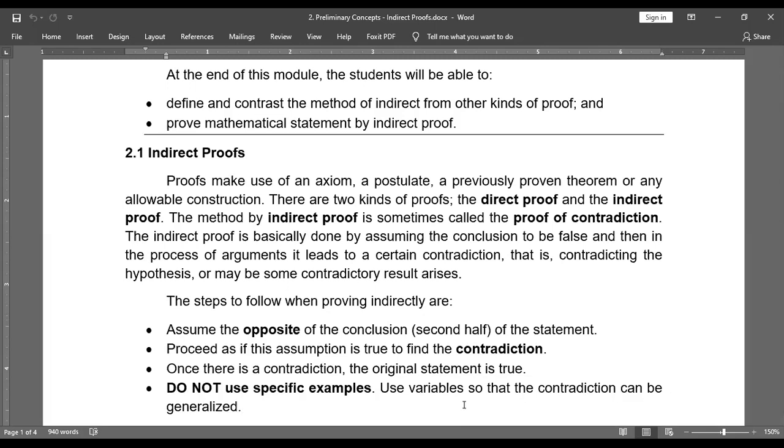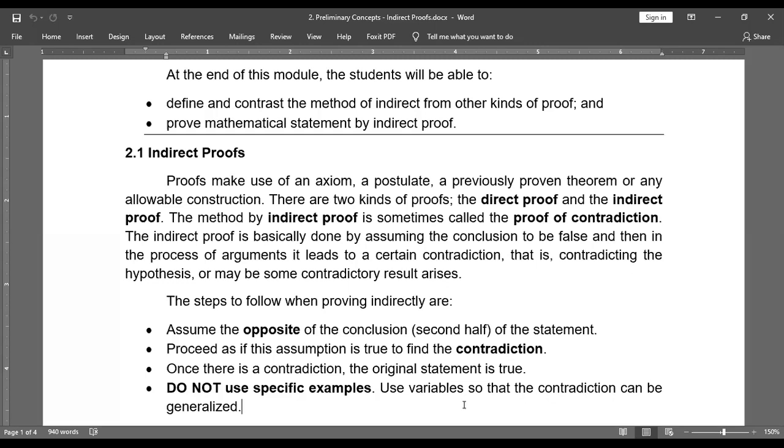Once there is a contradiction, the original statement is true. If we have shown that our assumption leads to a contradiction, then our original statement must be true.